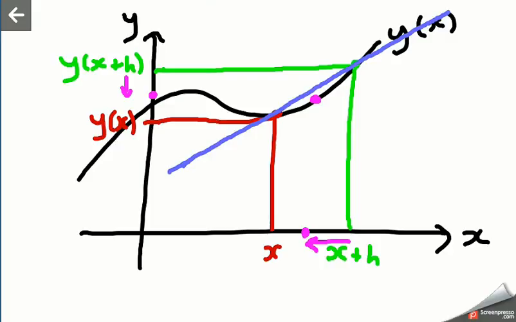All the functions we deal with in high school are pretty much going to be that way, so don't worry too much about that for now. If we meet any examples where that's not the case, we'll deal with them then. So let's just suppose that as h gets smaller and smaller, and x plus h gets closer and closer to x, then y of x plus h also gets closer and closer to y of x.